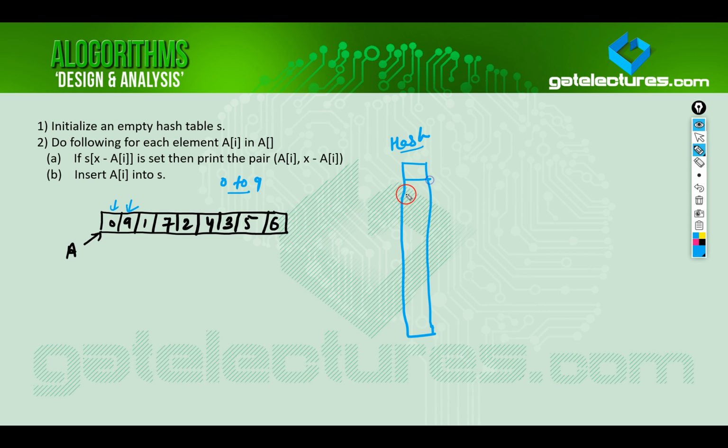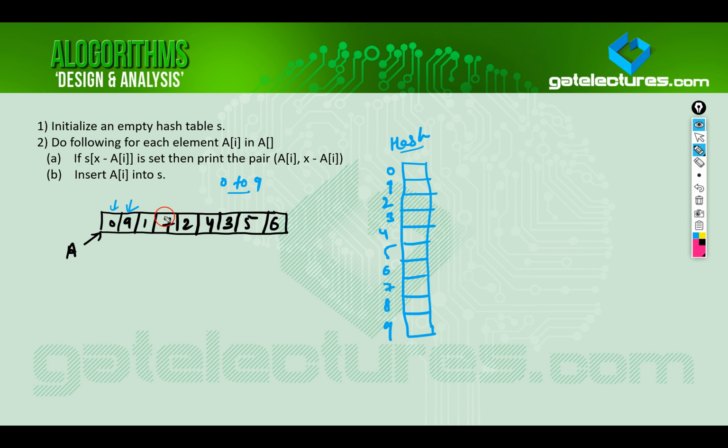So we are going to take a hash table with index locations 0, 1, 2, 3, 4, 5, 6, 7, 8 and 9.